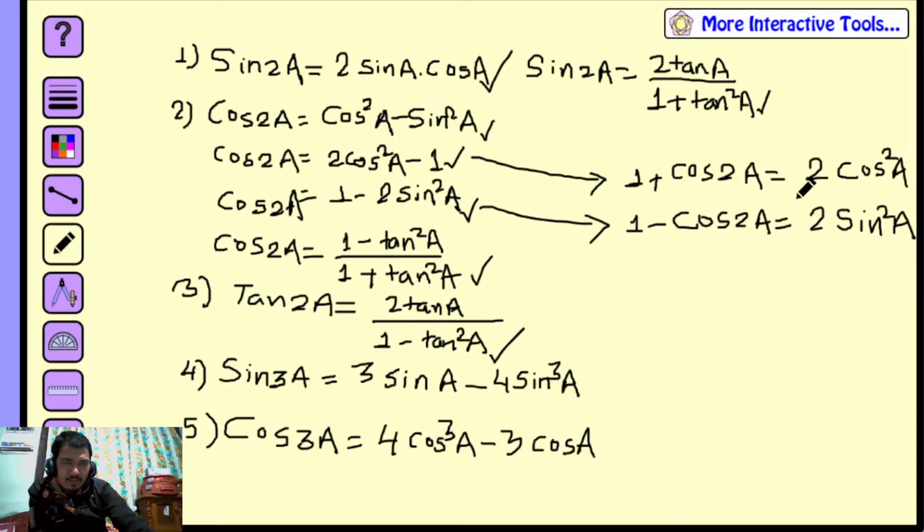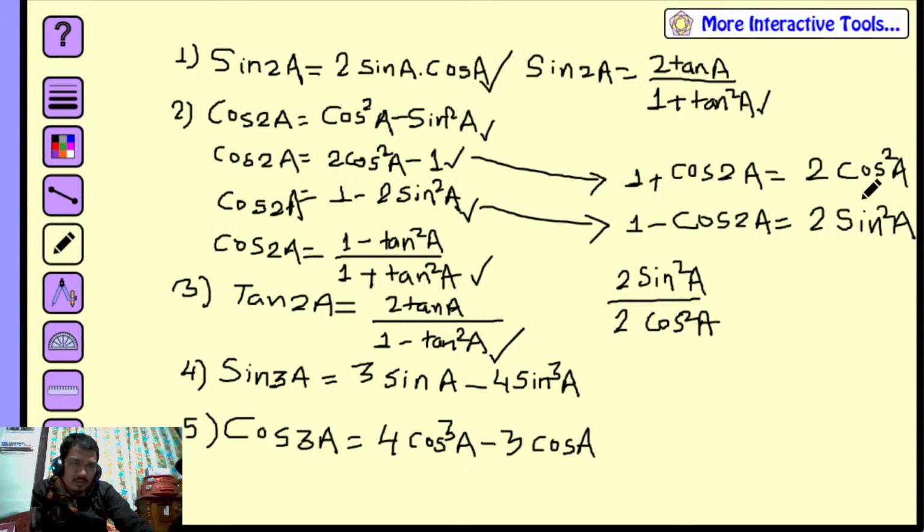Similarly, when you divide this by this, look here: 2 sine square a divided by 2 cos square a.